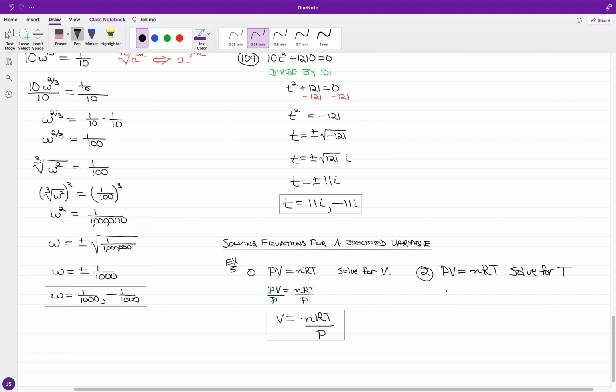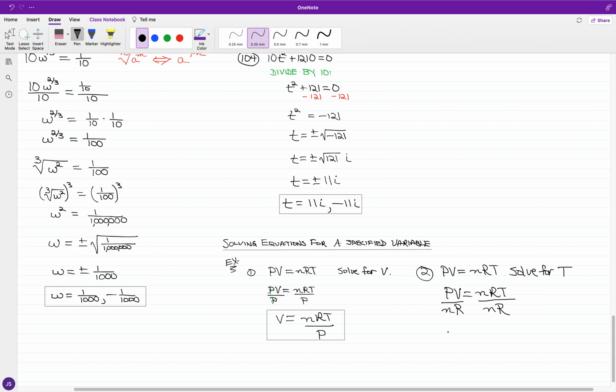So you got PV is equal to nRT and t is on the right. And guess what? I can isolate the t, undoing not just the multiplication by r but also by n. So I can just go ahead and divide both sides of the equation by nr.